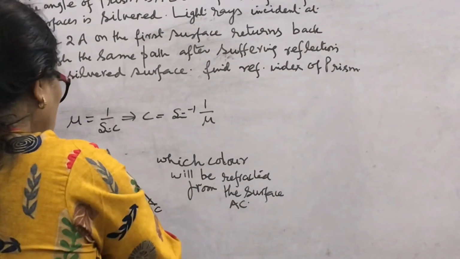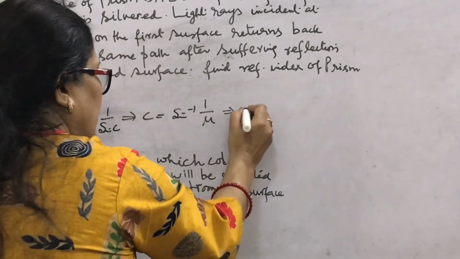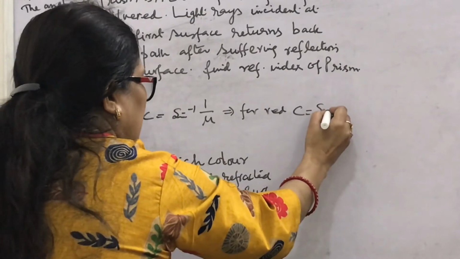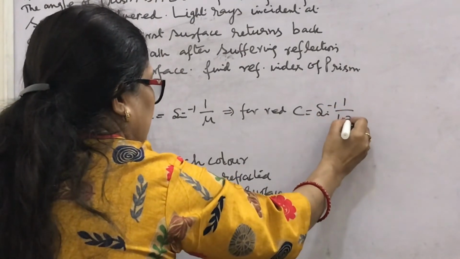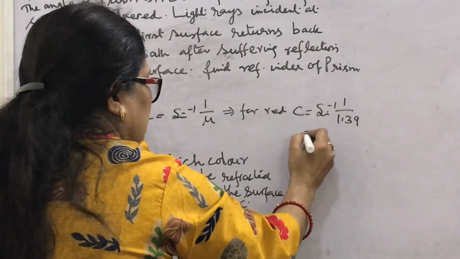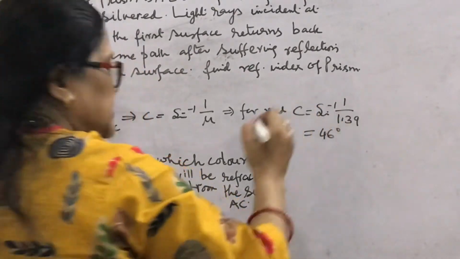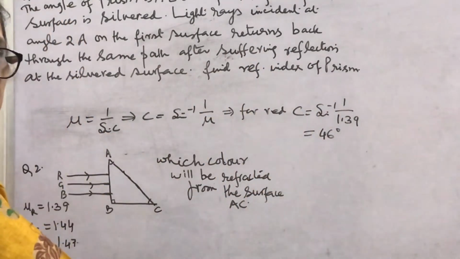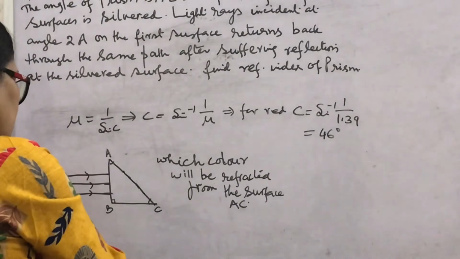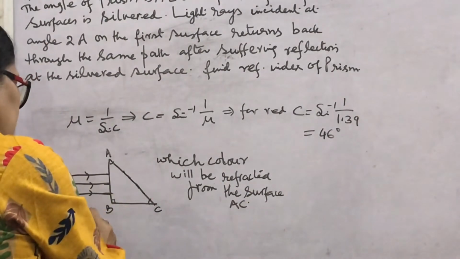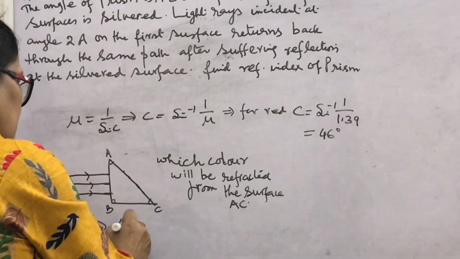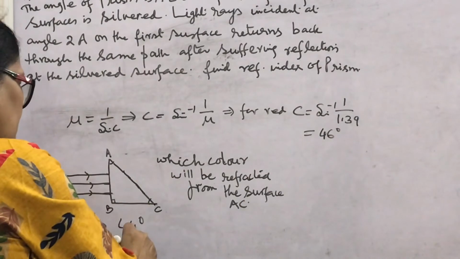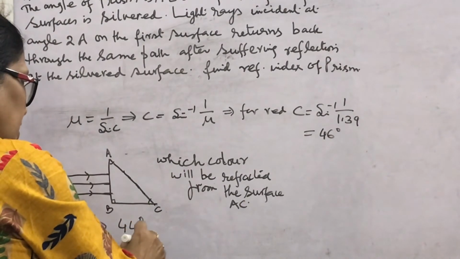For red color, C will be sin inverse 1 upon 1.39, and it comes out 46 degree by observing the values in sine table. Using sine tables, it has been observed that critical angle for green color is 44 degree and critical angle for blue color is 43 degree.